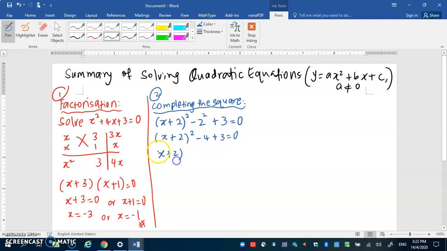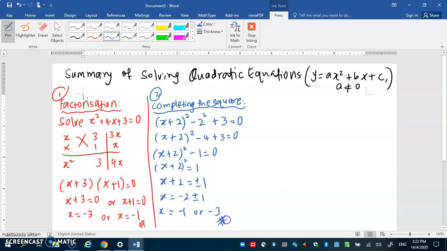X plus 2 square minus 1 equals to 0. Then x plus 2 equals to plus minus root 1, which is just plus minus 1. Hence, x equals to negative 2 plus minus 1, which means x equals to negative 1 or negative 3.